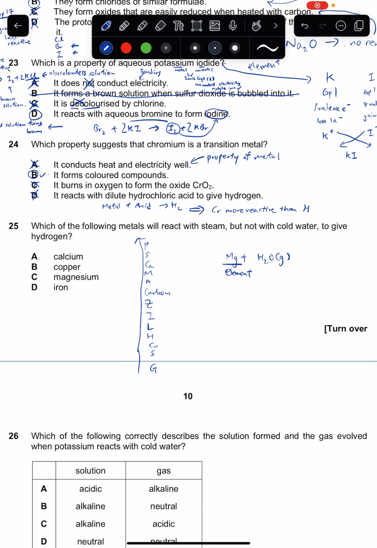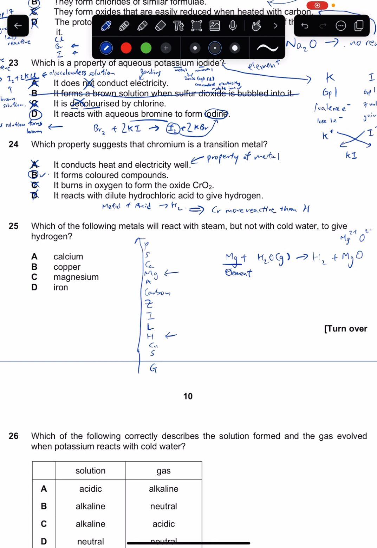So let's compare Mg and H. Can Mg kick the H out? Can. Mg is more reactive, right? So H is kicked out, H2O, and now you have Mg, which is 2 plus, O2 minus, MgO. So Mg can react with steam.